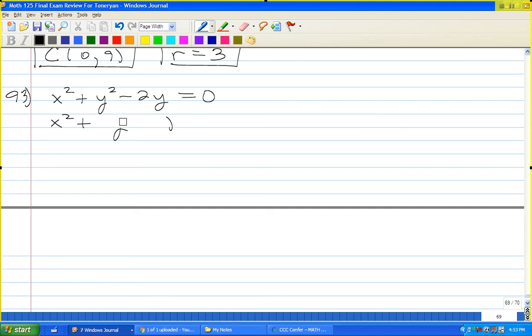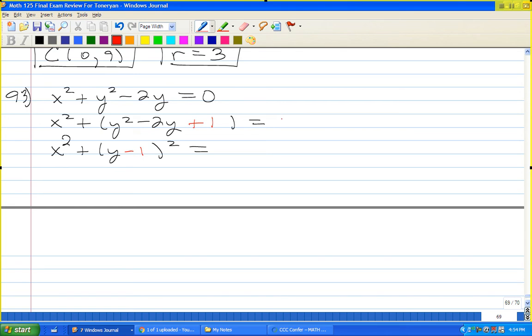Since the y term here, in the parentheses, is a monic quadratic, there's a 1 in front of the y squared, then to complete the square, I'll just do -2 divided by 2, -1. -1 squared is +1.